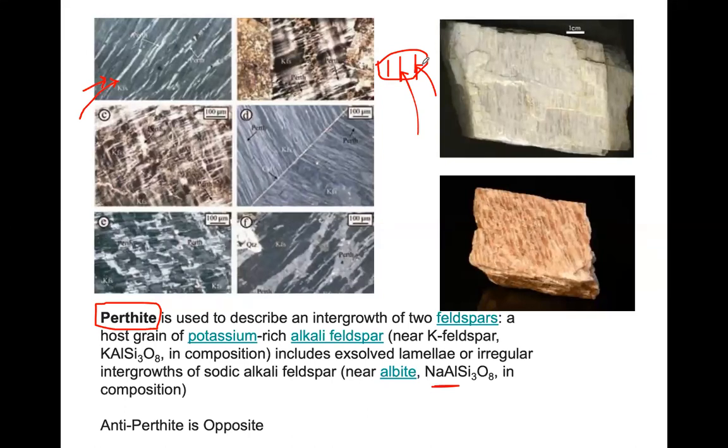If it was allowed to continue, then instead of these lamellae, you will see very big white zones, or the entire K feldspar covered with this perthite.